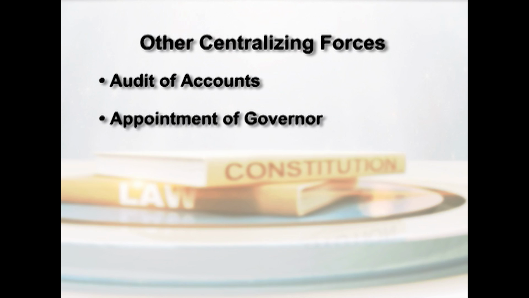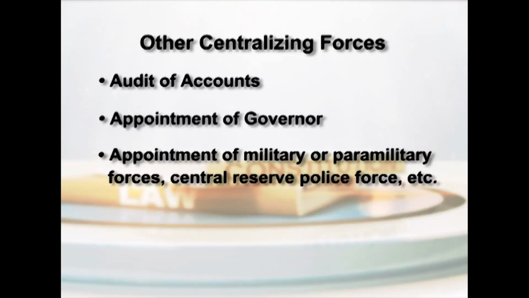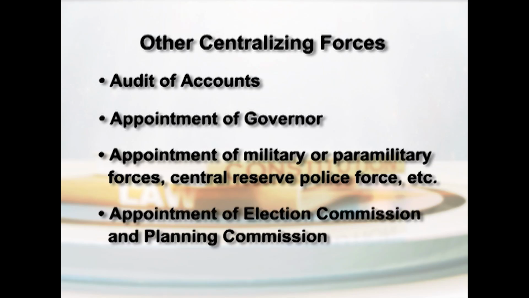In Articles 200 and 201, we find that the governor reserves a bill for the consideration of the president, and the president enjoys discretionary power in this respect. Appointment of military or paramilitary forces, Central Reserve Police Force, elections to state legislative assemblies, planning commission: these are some other constitutional and extra-constitutional arrangements through which the center extends its control.